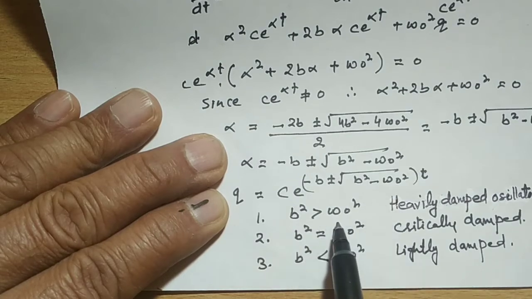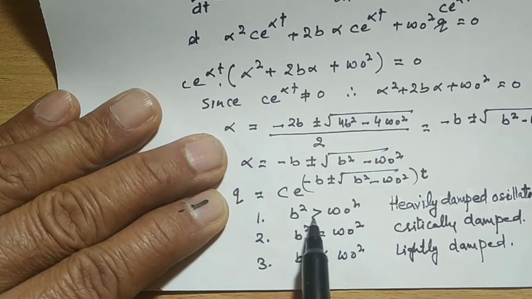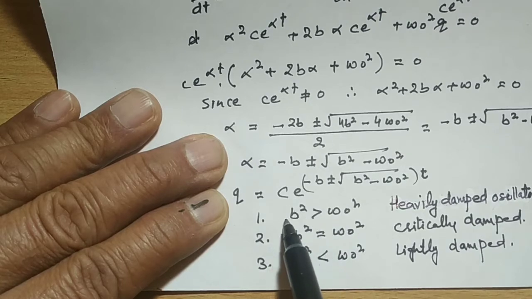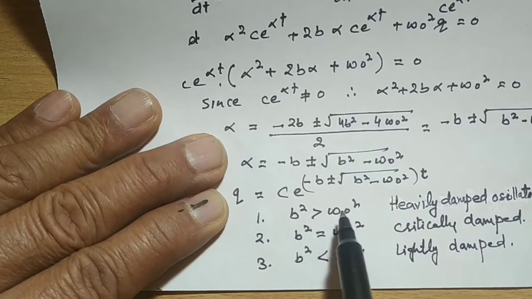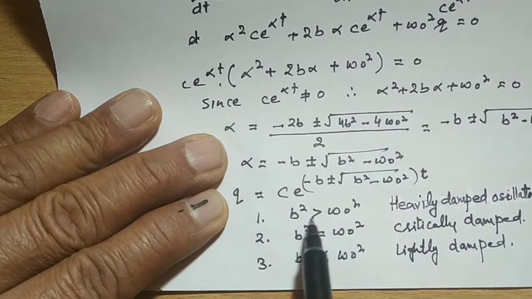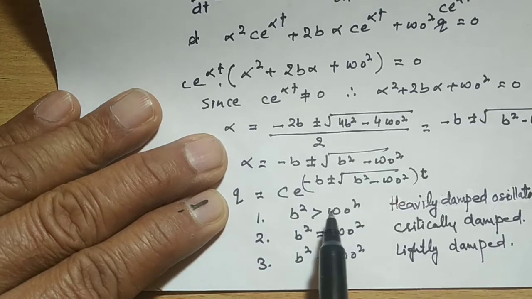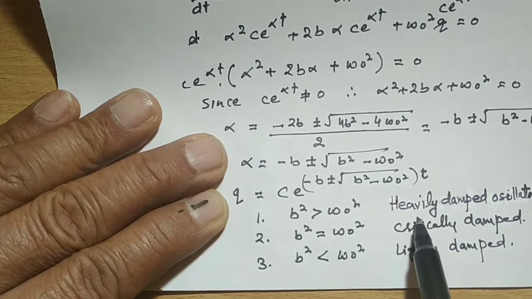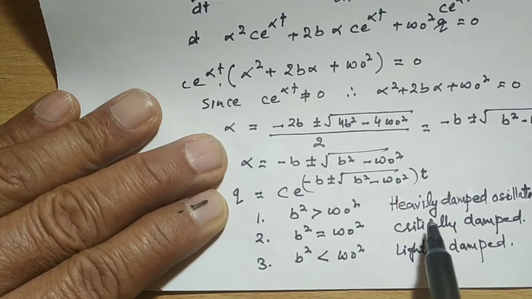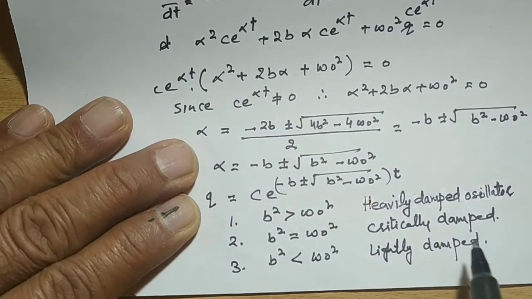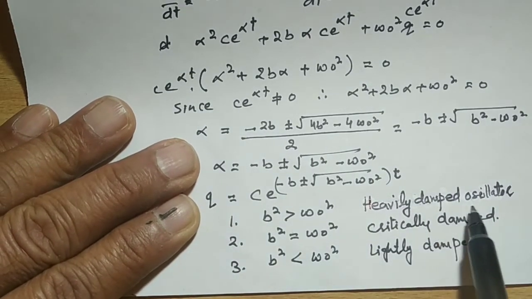Here b is the damping factor, and damping means a value of resistance. If the value of resistance is high, the oscillator is called a heavily damped oscillator.